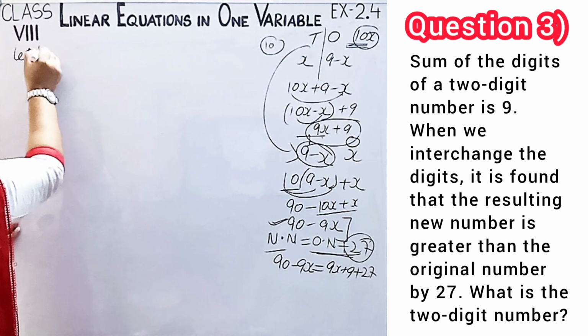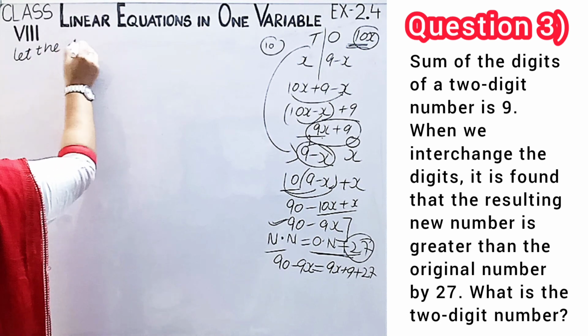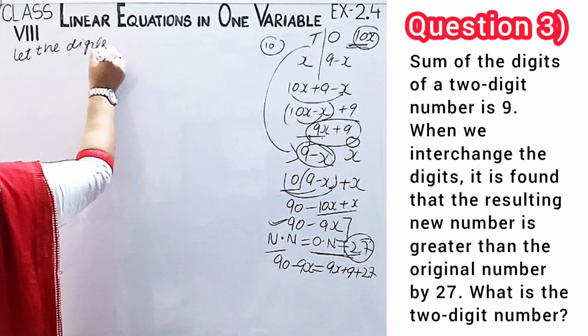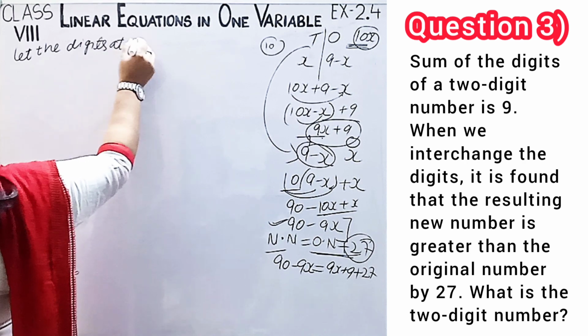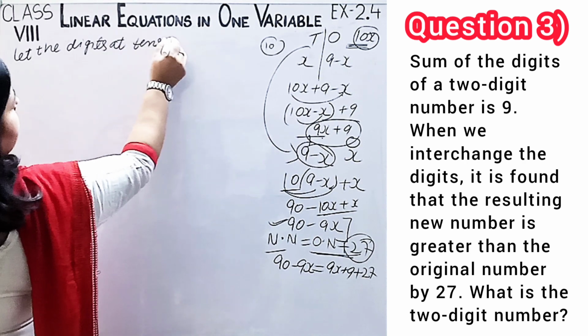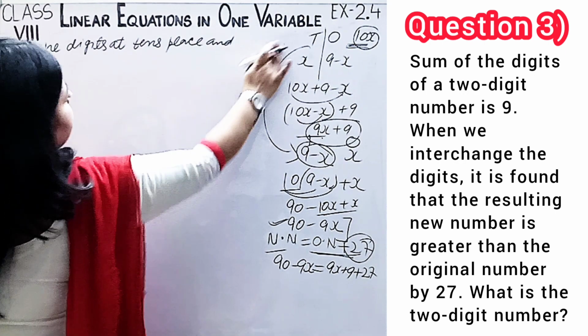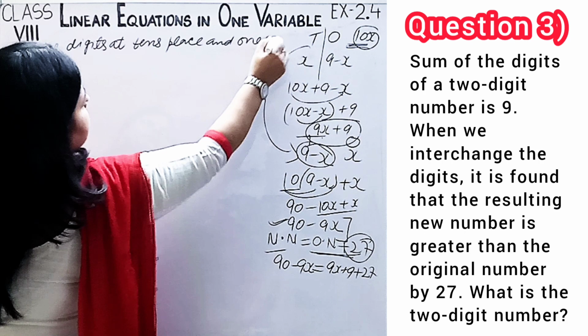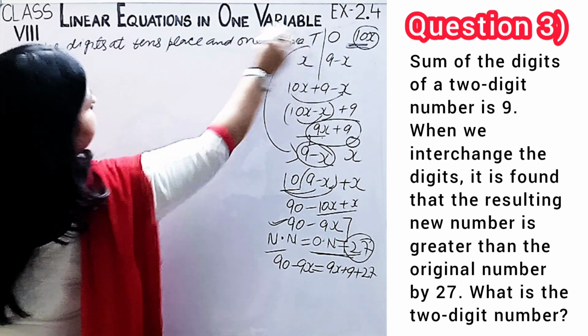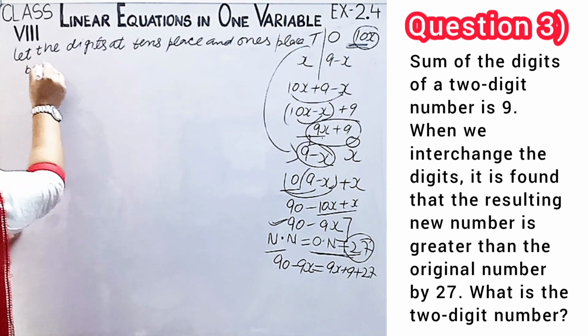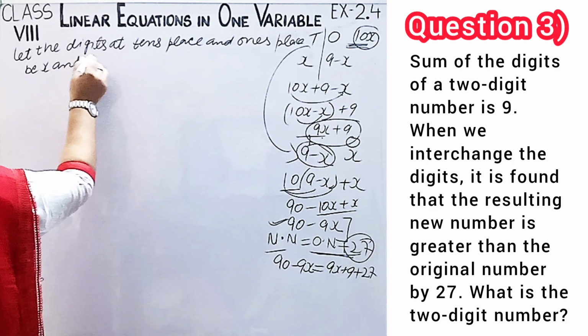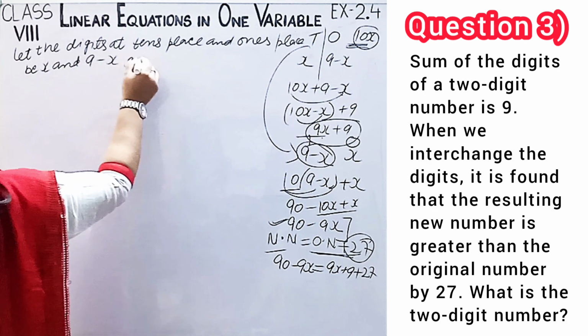Now coming to the statement part. Let the digits at tens place and ones place be x and 9 minus x respectively.